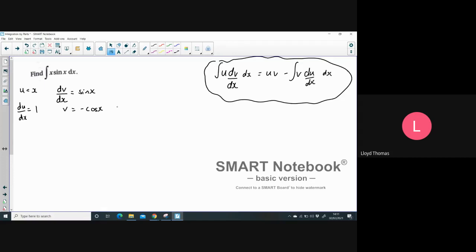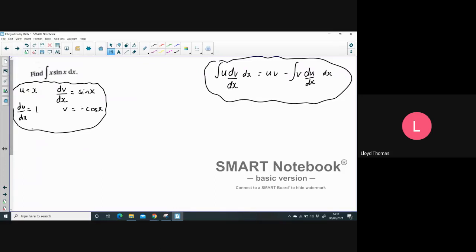There is no need for a plus c, and we'll see why later in the question. You should always start by writing down the four things you need to substitute into this answer: u, dv by dx, v, and du by dx. You get the first two from what you have in the question, and you can get the other two from either differentiating or integrating.